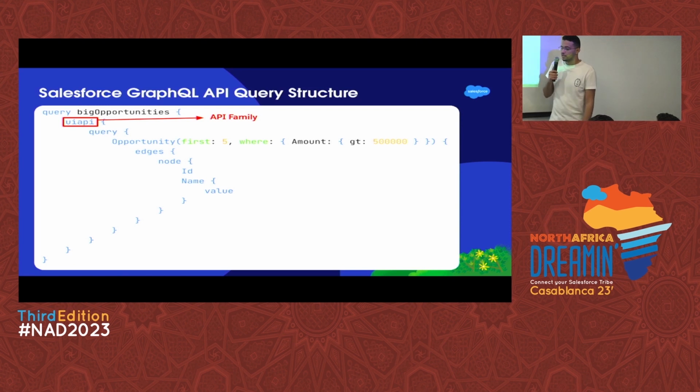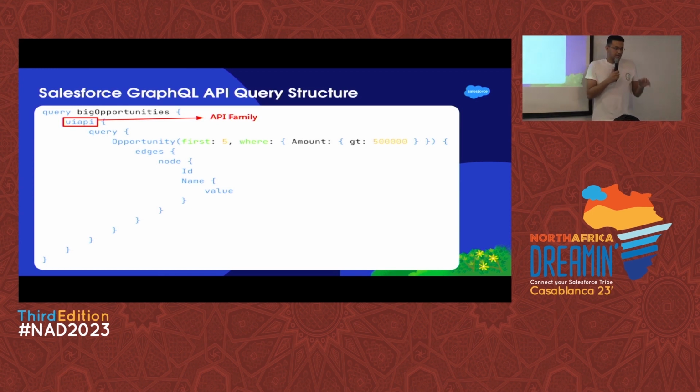Salesforce has a lot of families of APIs, and the UI API family is what powers the Lightning experience. It's what lets you create records and delete records. It's what powers list views, related lists, etc. So it's what allows the creation of those records, objects, custom objects, etc.